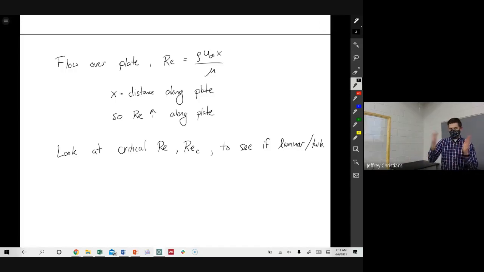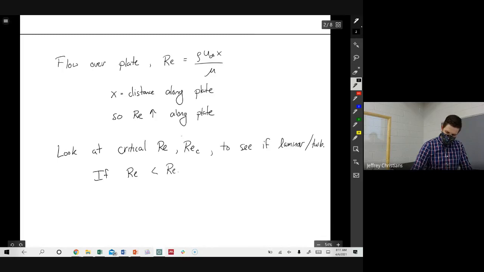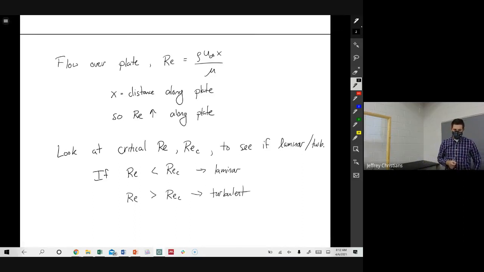If the Reynolds number is less than the critical Reynolds number, then we're laminar. If the Reynolds number is greater than the critical Reynolds number, then we're going to be turbulent.